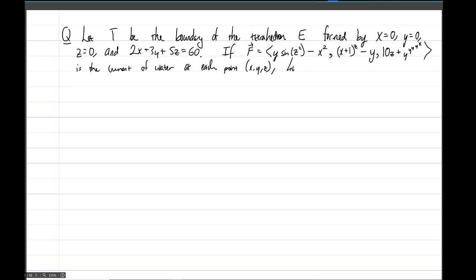Then how much water is entering the tetrahedron E through its boundary T? Okay, so E is the tetrahedron itself. E is the solid tetrahedron.